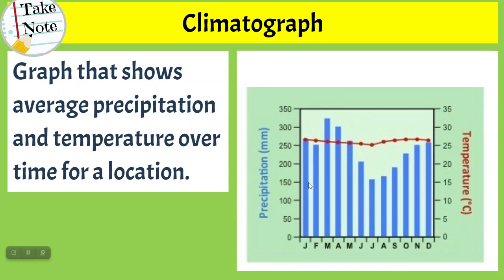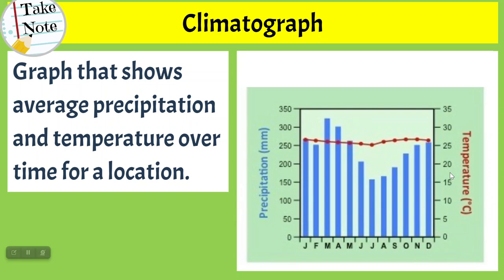So in January, our average temperature on red over here, I would come to the right side, and I'd see it's like 27 degrees Celsius maybe. So you can see it's actually a pretty steady temperature throughout the year. Our rainfall goes up and down depending on the month, but the temperature's relatively steady. Now think about degrees Celsius, because we know this is degrees Celsius. In last class we talked about degrees Celsius.